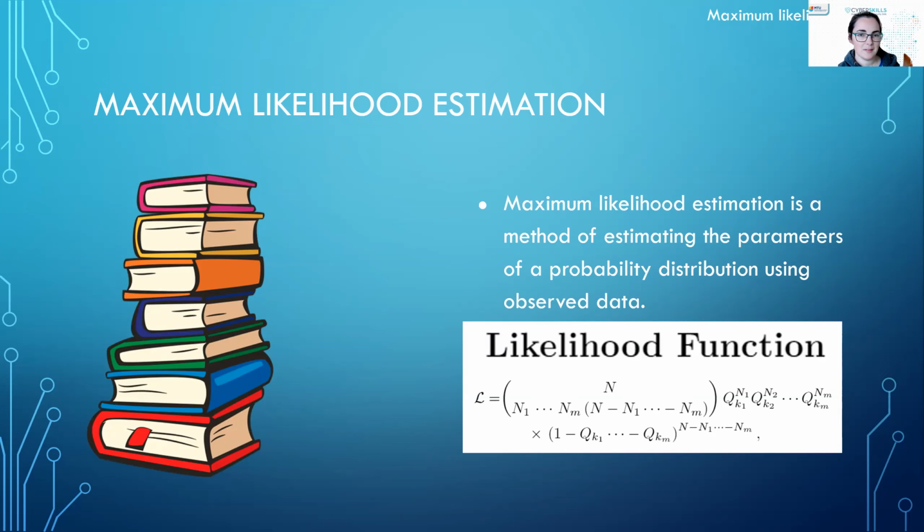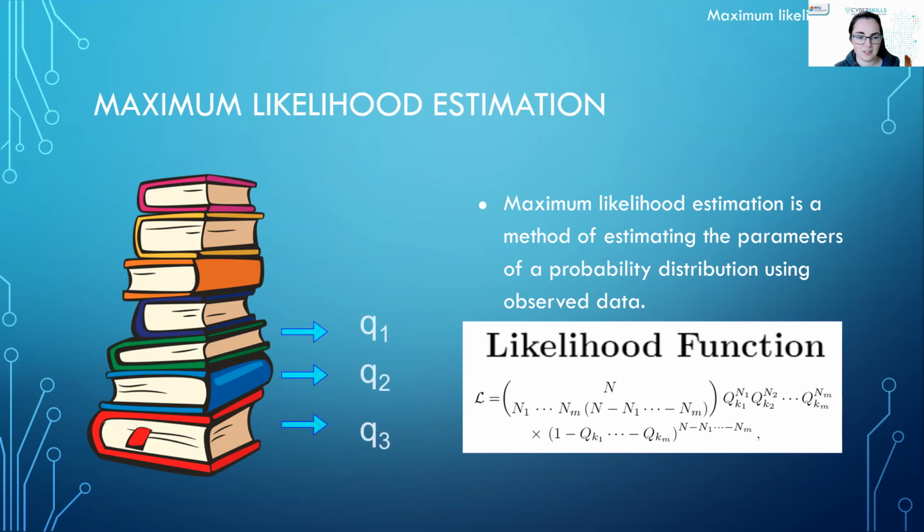Maximum likelihood estimation is a method of estimating the parameters of a probability distribution using observed data. So our observed data will be all our prior guesses where we saw what the result was, what the reward was, which is the number of successes. Based on all that prior data, maximum likelihood estimation tries to estimate parameters.